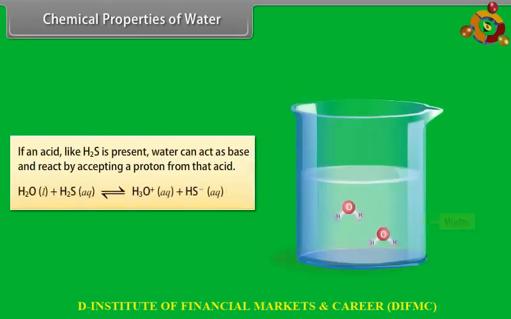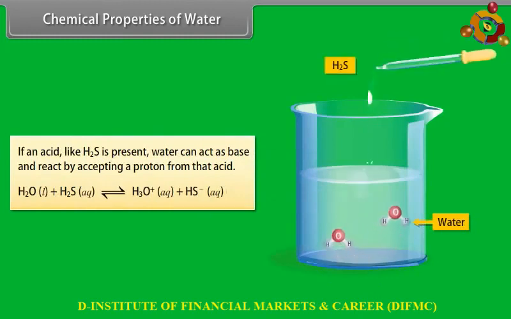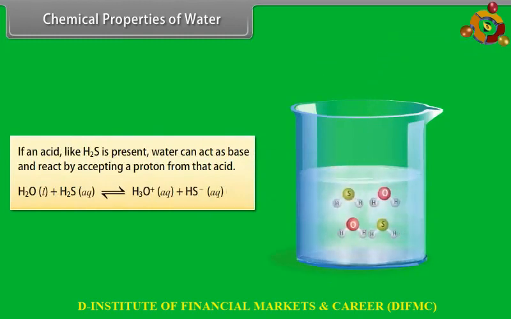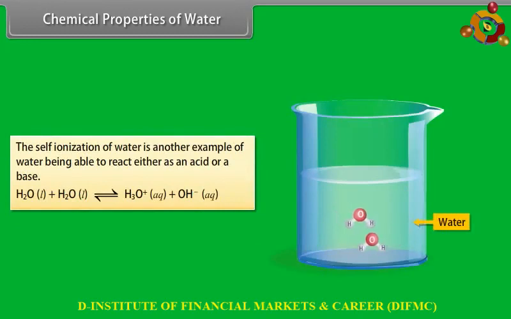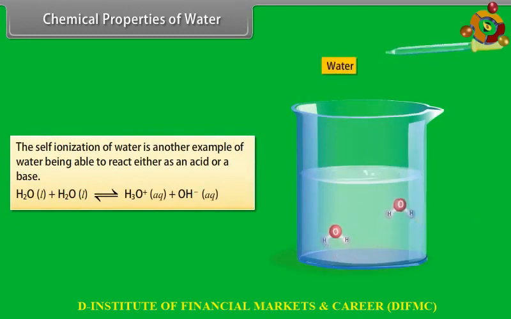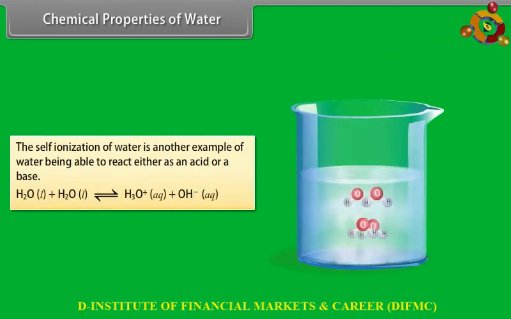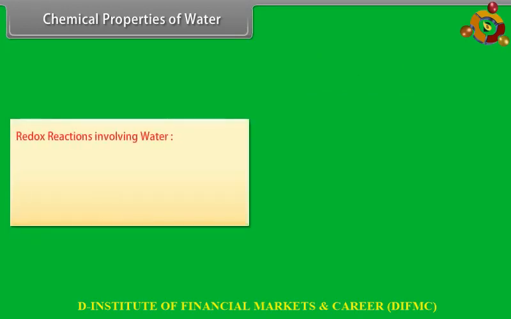If an acid like H2S is present, water can act as base and react by accepting a proton from that acid. The self-ionization of water is another example of water being able to react either as an acid or a base. Redox reactions involving water.